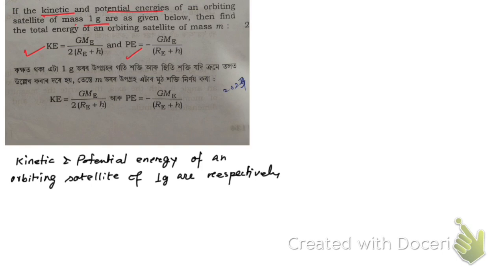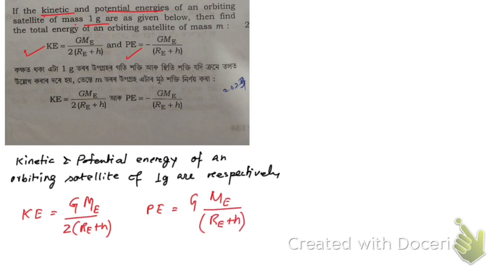Kinetic energy is capital G, capital M_E, the mass of the earth, by 2 times Re plus h, and potential energy is G M_E by again Re plus h.